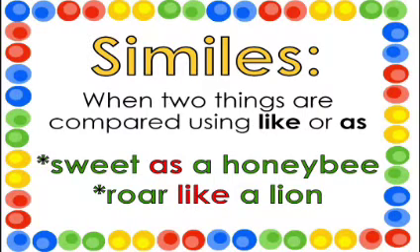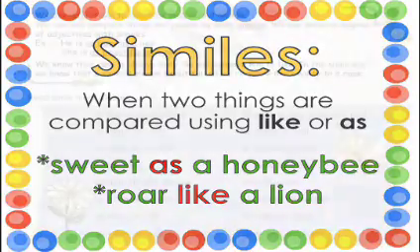For example, if I'm saying you are sweet as a honeybee, or you roar like a lion. We know that a lion roars very loudly, and honey is very sweet. So in that way we are going to do this.